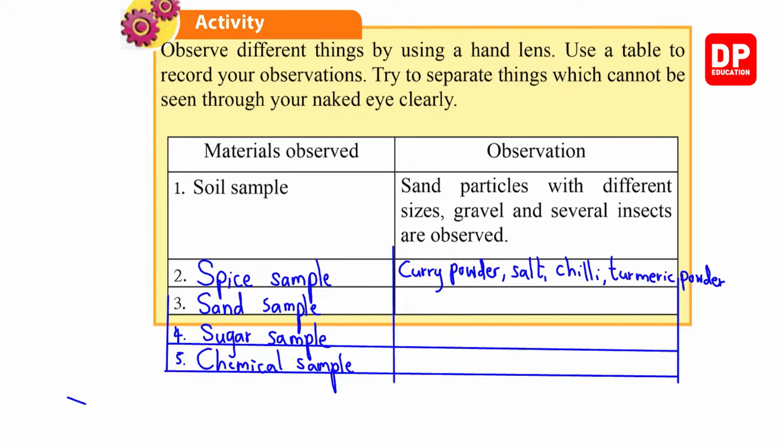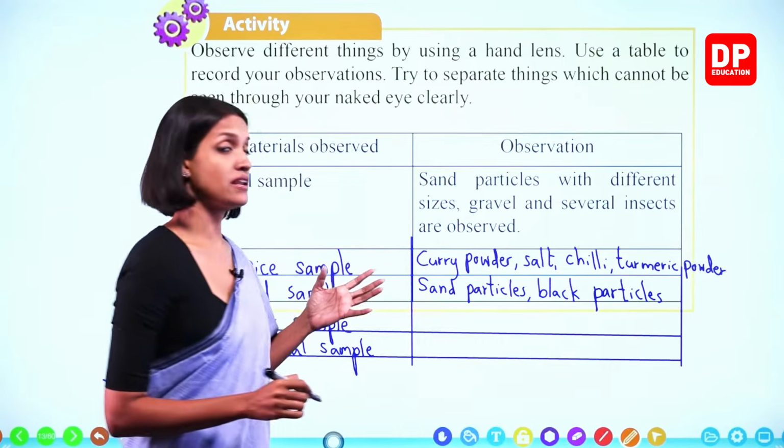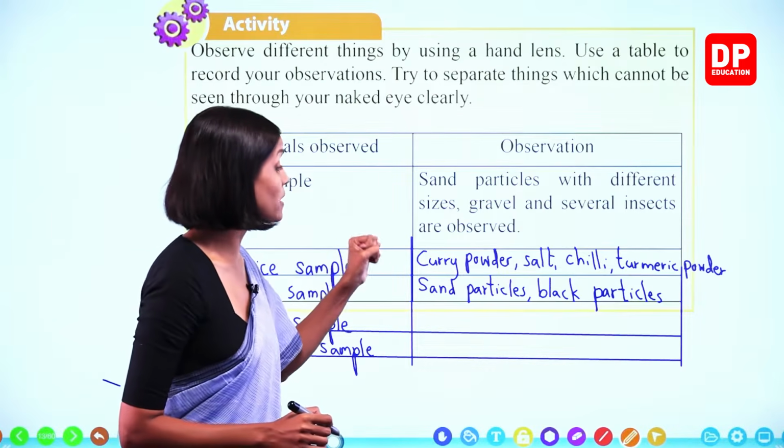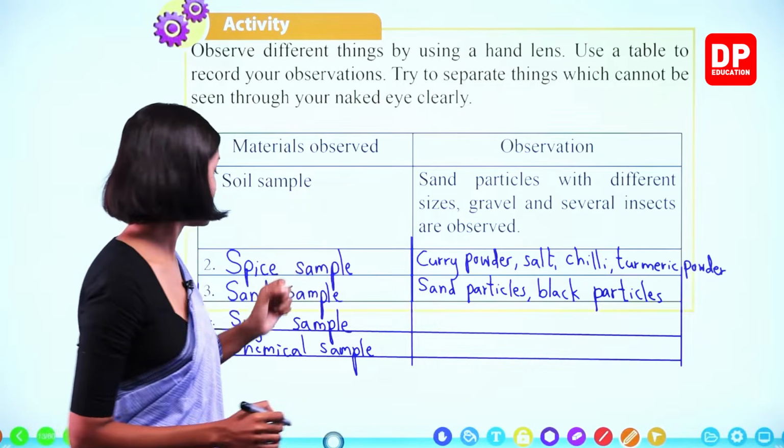Sand sample, there were sand particles. And there were some black color particles. We'll write black particles. So using the hand lens, we could observe all these particles better than using the naked eye.